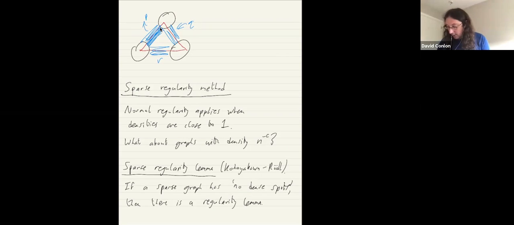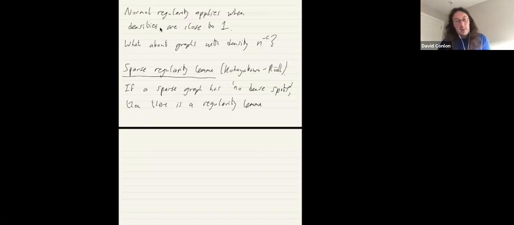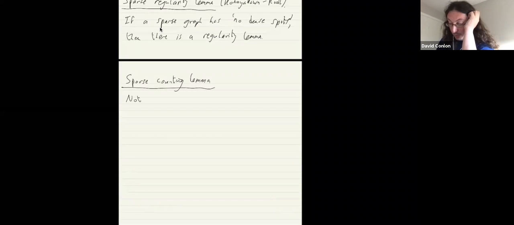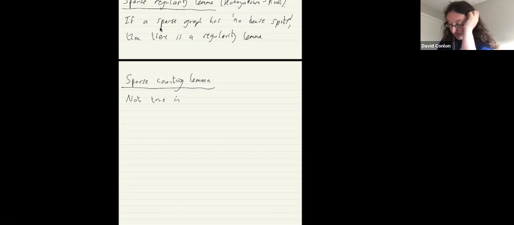Unfortunately, the regularity lemma on its own is a bit useless. You also need a counting lemma. So you can ask for a sparse counting lemma as well. And it's known that a sparse counting lemma can't hold. So it's not true in general. You need some extra condition.